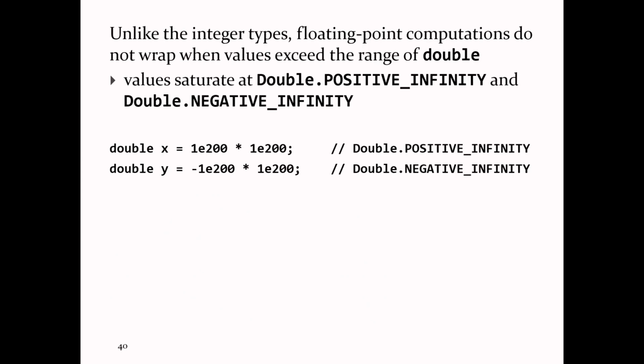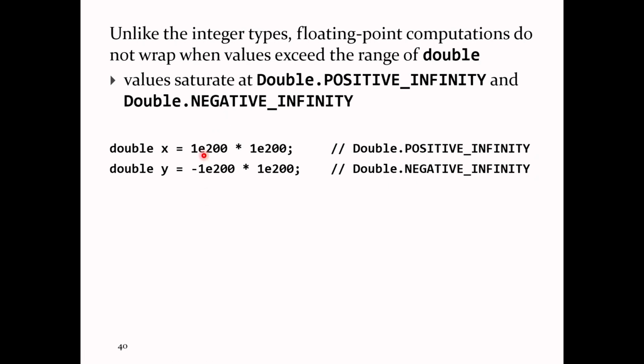Okay, so unlike the integer values, floating point calculations do not wrap around when they exceed the range of double. So if you take two huge values and multiply them together, you don't get some negative value. Instead, floating point values saturate. So if you perform a calculation that goes outside the range of double, you either end up at positive infinity or negative infinity.